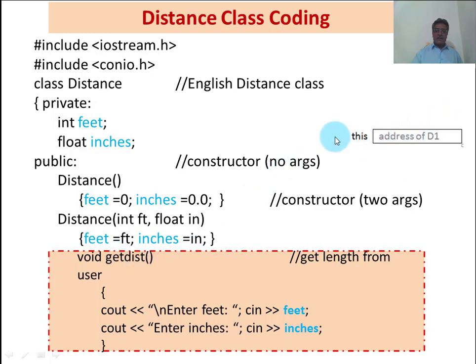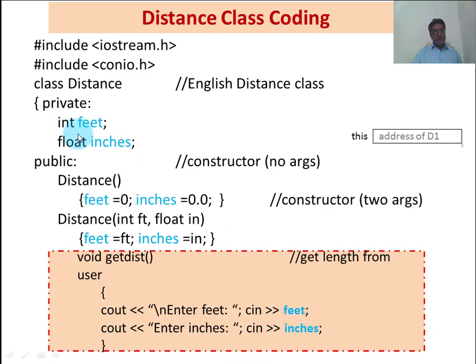Here this will store the address of d1, and this blue color data is the data of that class, and each and every function, either constructor or other functions, manipulates this class data.